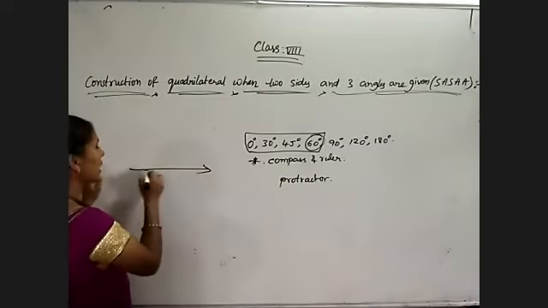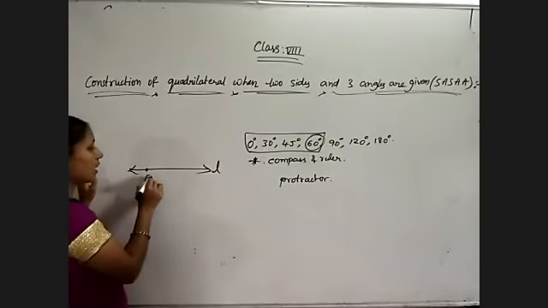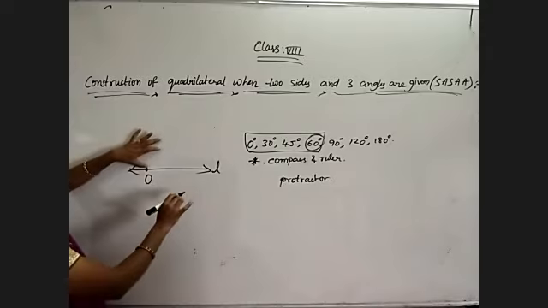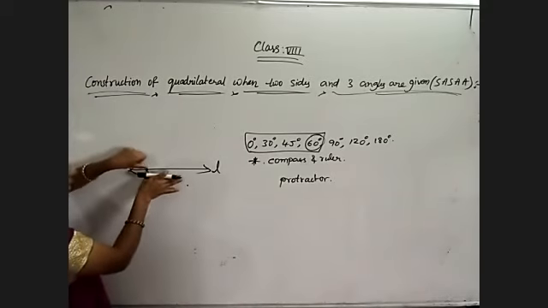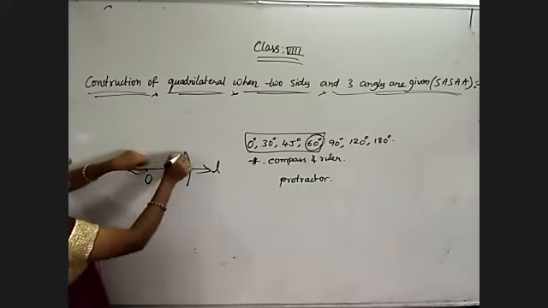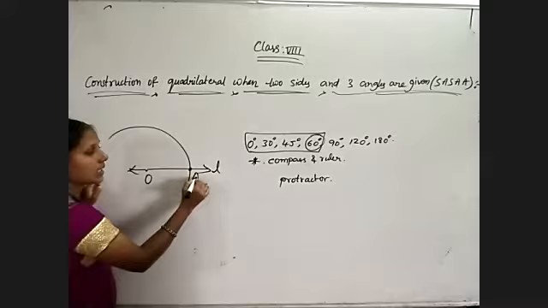First of all, draw a line, any line, and locate a point on it. With any radius, by using the compass, draw a bigger arc which cuts the line at a point.